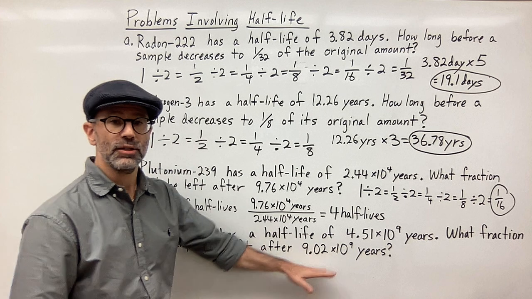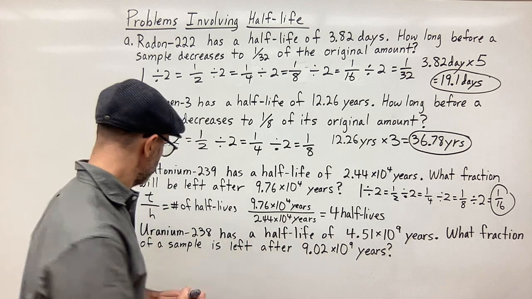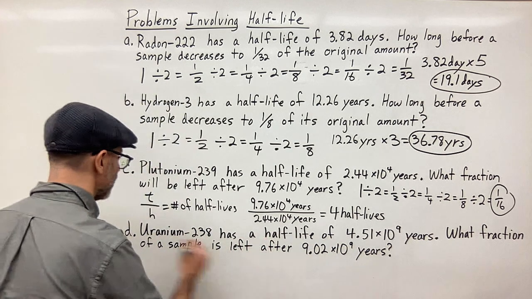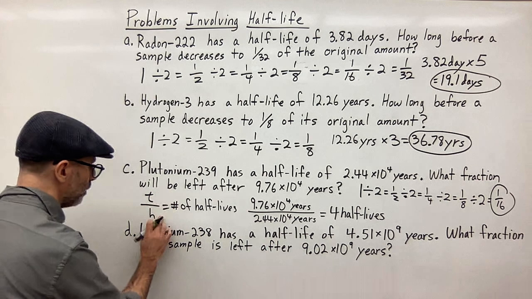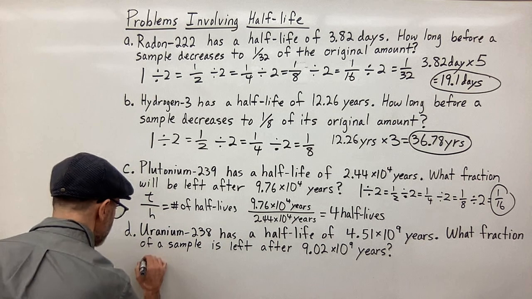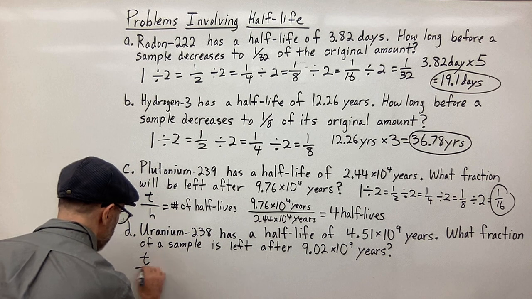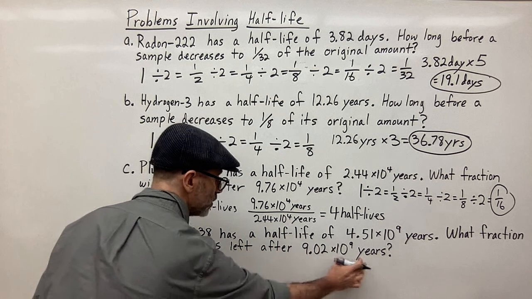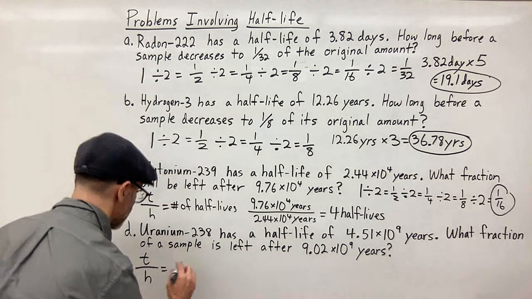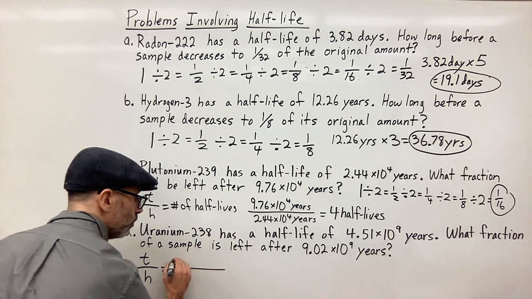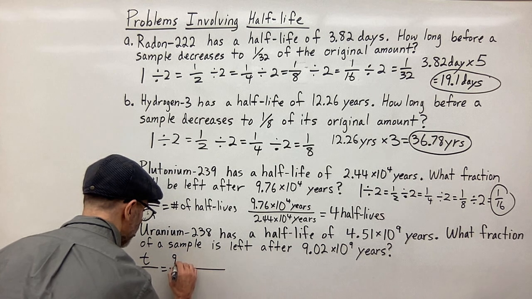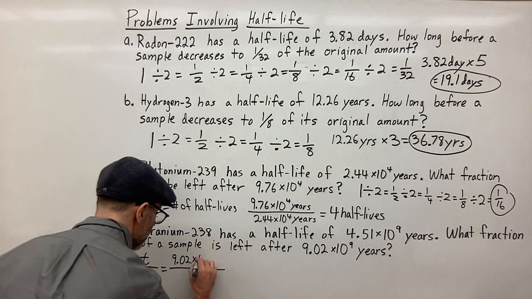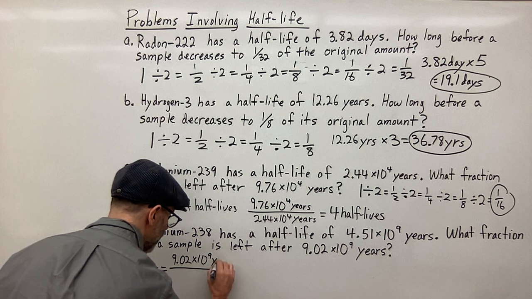So again, to find the number of half-lives, we've got to take the total time divided by the half-life. So the total time over the half-life, what's the total time? 9.02 times 10 to the 9 years.